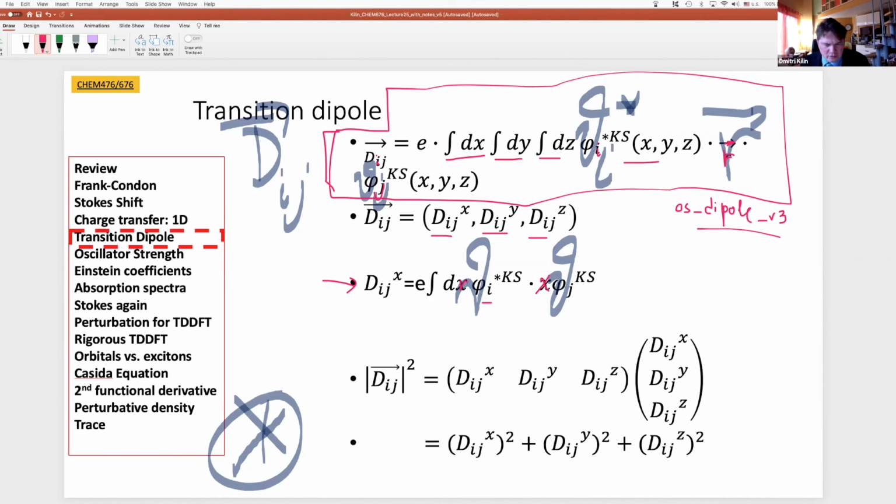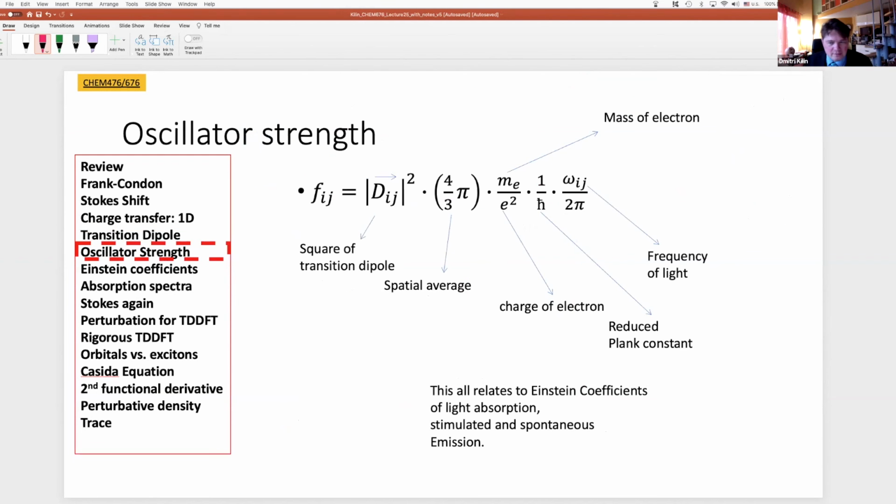It should be all three. And then after your components of the transition dipole are available, you take the length of this vector, which is the multiplication of the row by the column of the components, or you take the x projection squared, y projection squared, z projection squared. So this transition dipole squared is the main component for the oscillator strength.